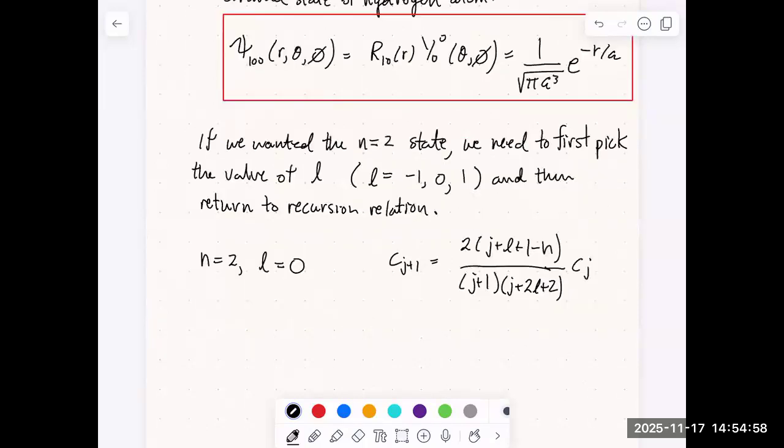Okay, so we start in the normal way. We go, okay, j equals 0 will give us C1. Now we have to be a little careful because it's different now. Now we have to put in n equals 2.